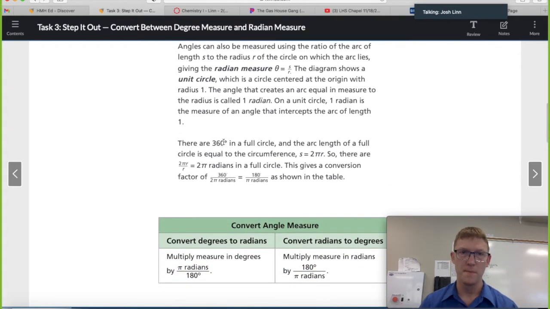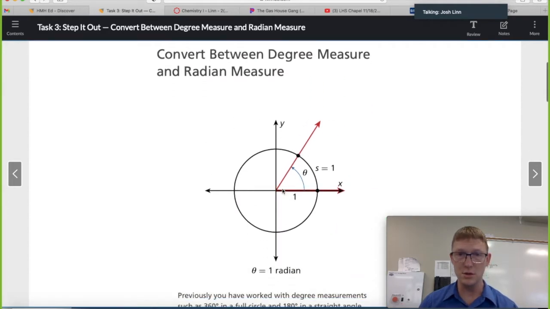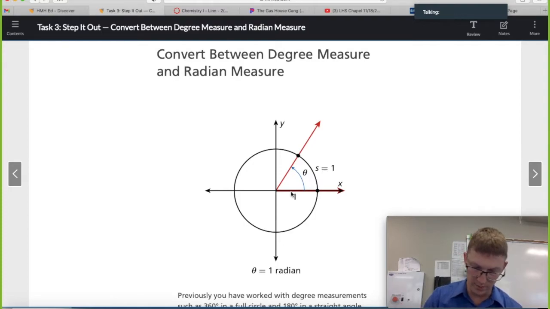We can think about this again in terms of ratios. There are 360 degrees in a circle. And if we look at our unit circle here with radius of 1, what is our circumference? Our circumference is going to be 2 pi r.